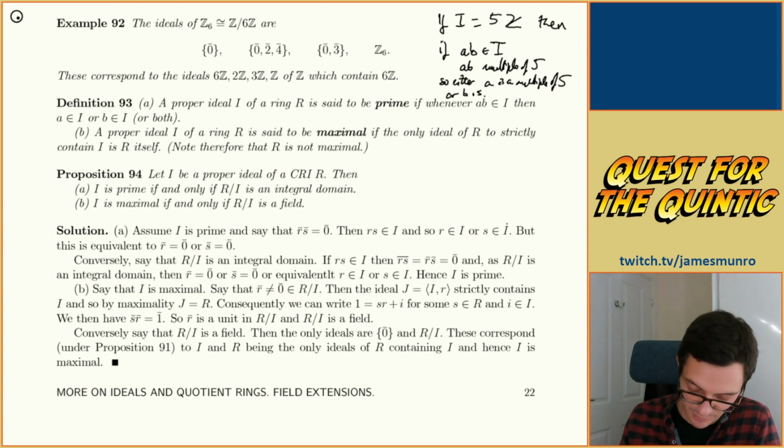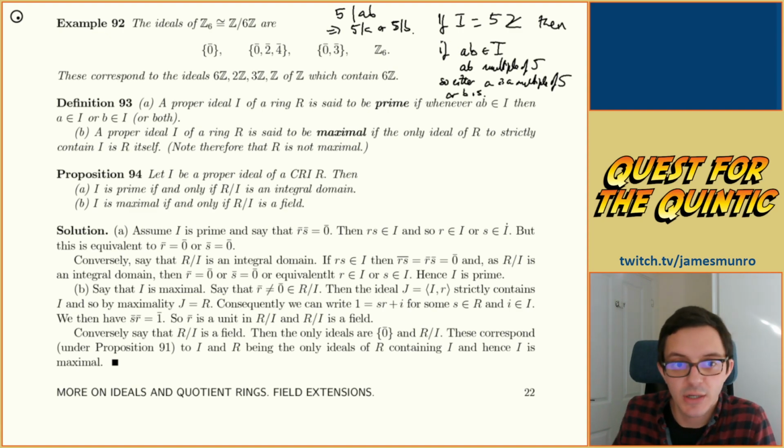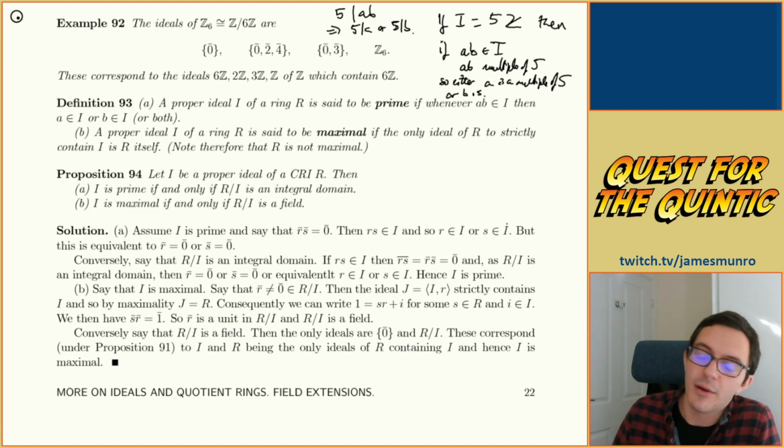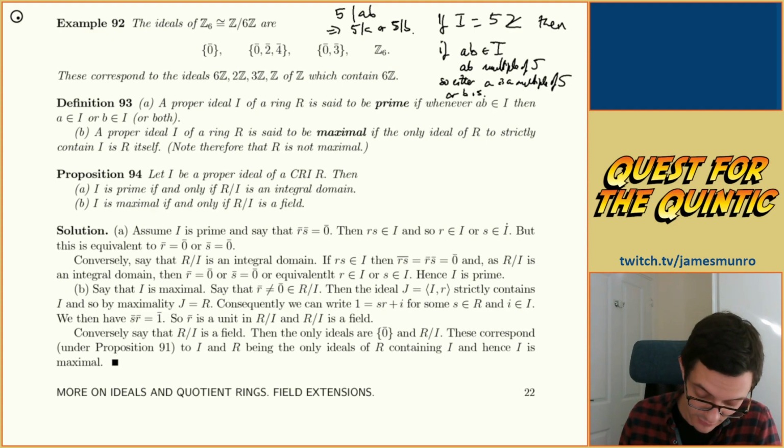Which is like this kind of prime fact that 5 divides AB, then 5 divides A, or 5 divides B. Which is kind of different to how you normally first meet prime numbers, but it is true about prime numbers on the integers. If your prime divides the product, then the prime divides one or the other, or both.